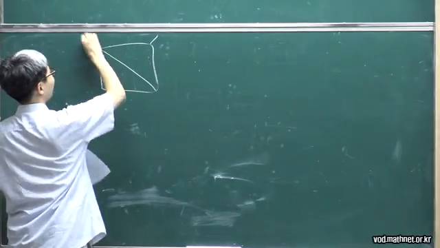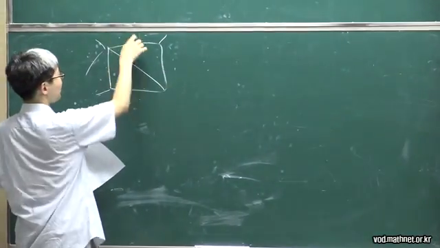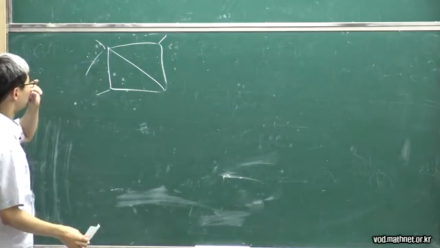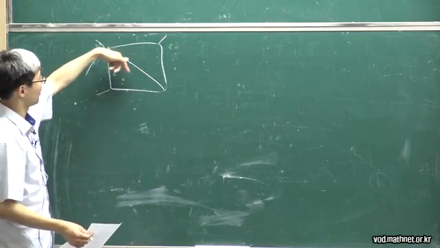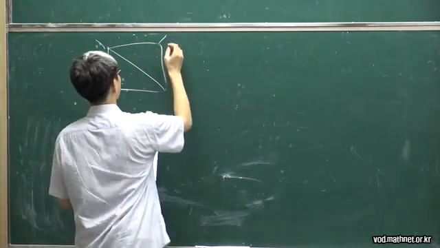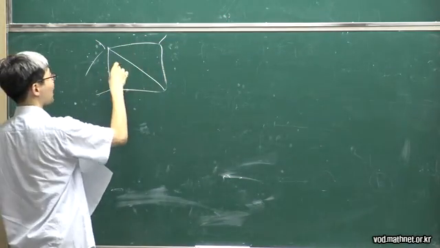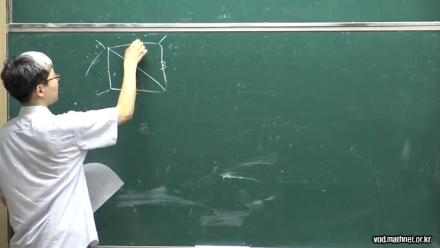I might have bigger surfaces and other triangulations, but if I look at just locally, then there will be two triangles that are adjacent to each other, and then let's label the edges. Let's say 1, 2, 3, 4, 5.